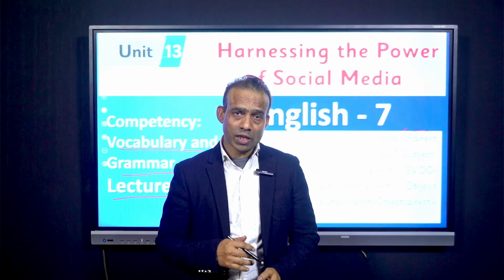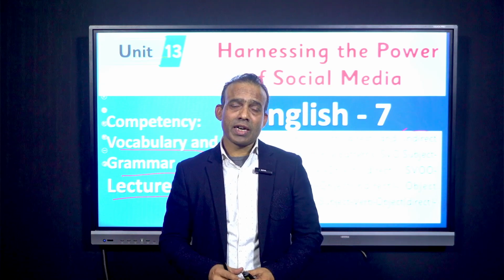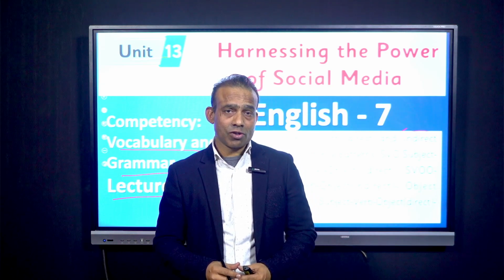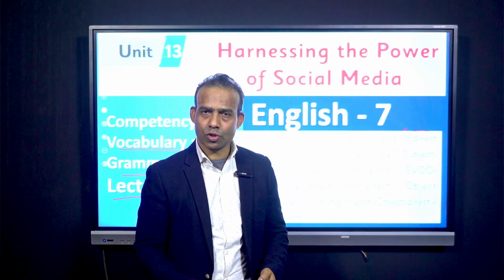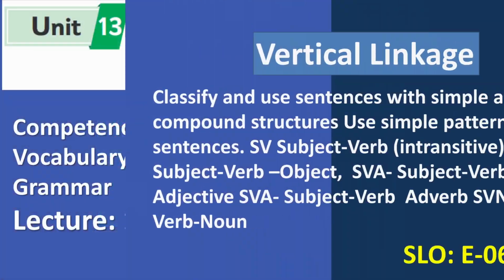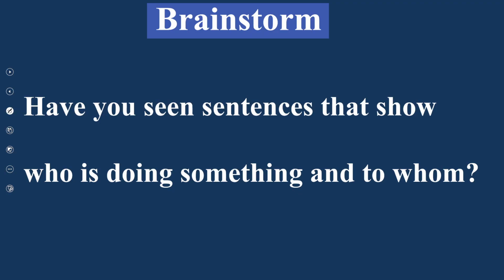So, let's move to the next vertical linkage and then brainstorming. And after that, we will try to learn in detail about this topic. This is vertical linkage, and this was the SLO in English 6. And now, brainstorming. Have you seen sentences that show who is doing something and to whom?